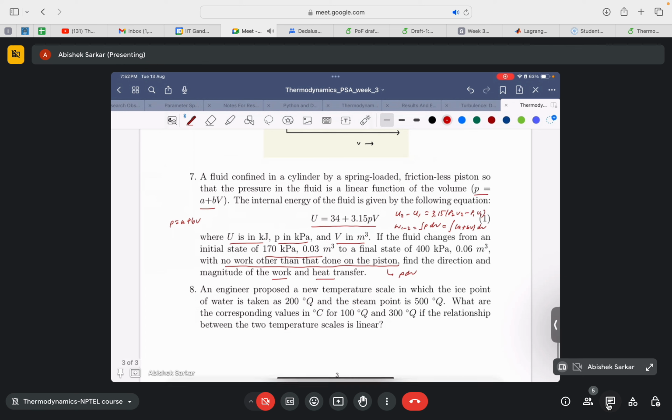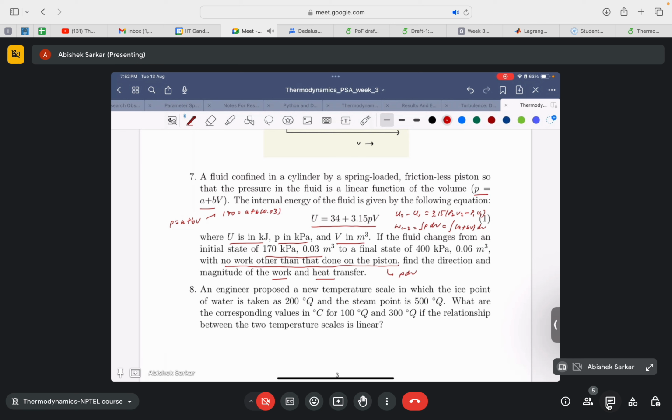So what you need to do is find the value of a and b first to evaluate this integral, okay. And how can you evaluate a and b? So you have that p is equal to a plus bv, so it will give us 170 kilopascal is equal to a plus b into 0.03, right.